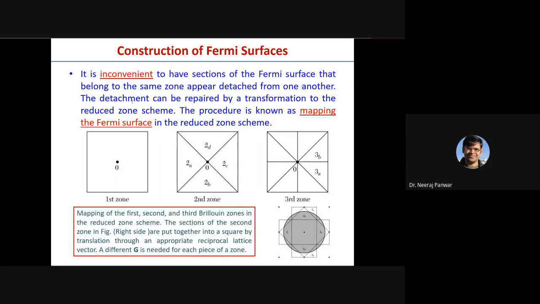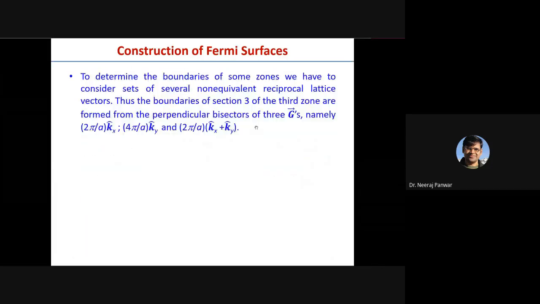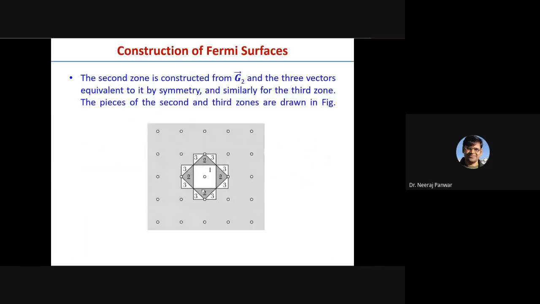The detachment can be repaired by a transformation to the reduced zone scheme. The procedure is known as mapping the Fermi surface in the reduced zone scheme. We need not do anything for the first Brillouin zone as it is complete in itself.